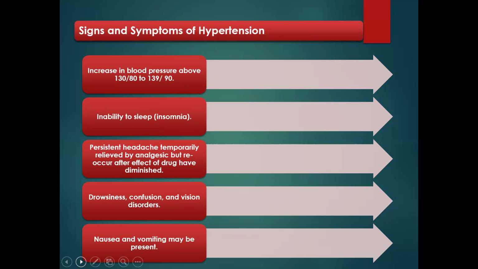Drowsiness, you begin to feel dizziness, confusion, vision disorders; if your eyes are about to close, you are no longer seeing clearly. Then nausea and vomiting may be present, especially in eclampsia. In eclampsia or preeclampsia, this is the major sign and symptom in pregnant women, and it's a pointer that this woman might be having preeclampsia or existing hypertension.